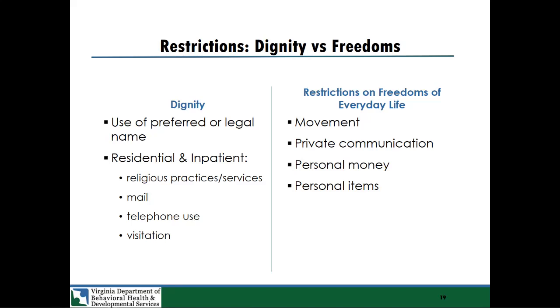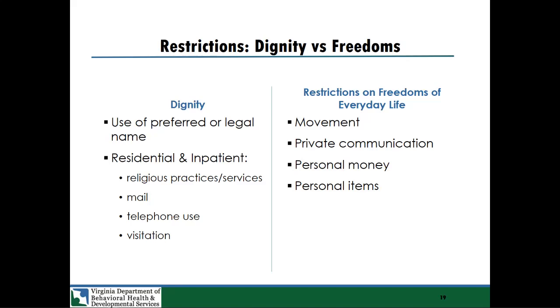The initial reason or need for the restriction, along with the licensed professional's assessment, must be documented in the individual's services record along with all subsequent monthly reviews.